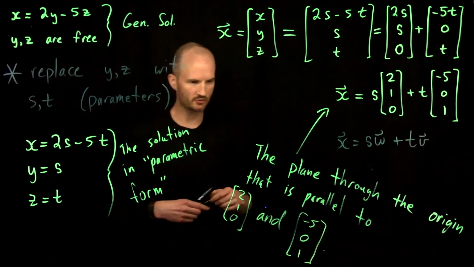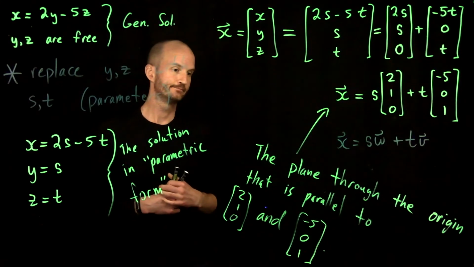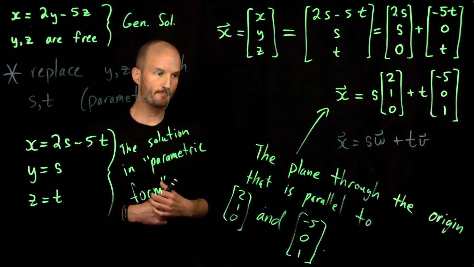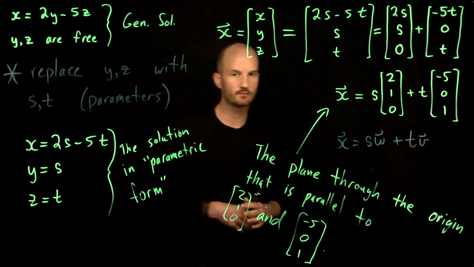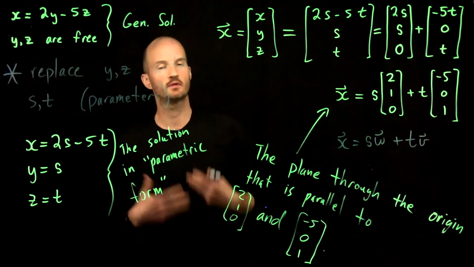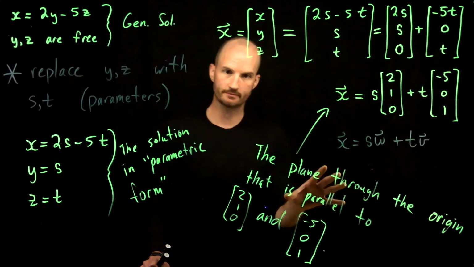So that is our geometric description of our solution set. So we can take the original system, its solution set, think of it as a collection of vectors, and this is how you can visualize them.